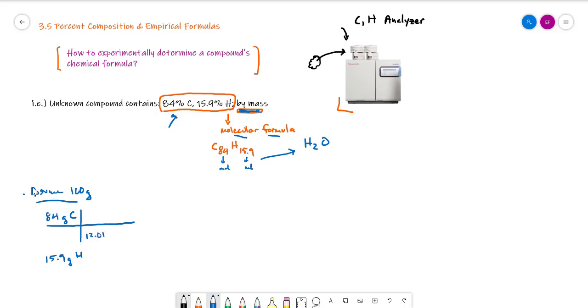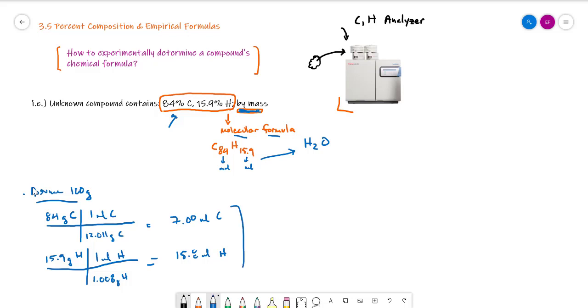So if we look at the periodic table, there's 12.01 grams of carbon for every 1 mole of carbon. So we can solve that. We can do the same thing with hydrogen. We can say 1.008 grams of hydrogen for every 1 mole of hydrogen, and we can compute these numbers. And so we get roughly 7 moles of carbon, and we get 15.8 moles of hydrogen.